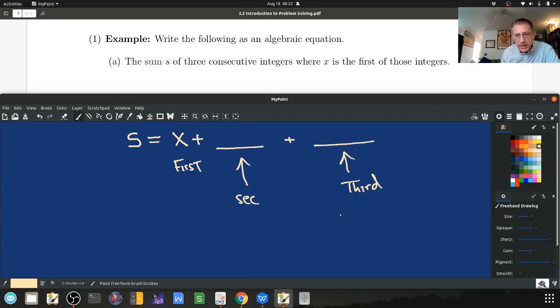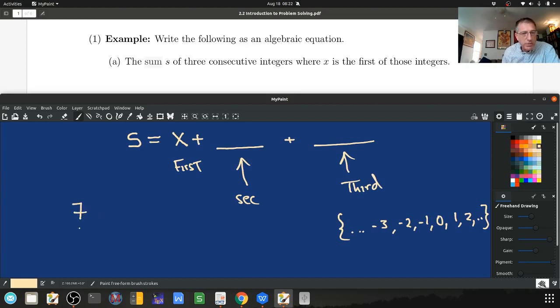So this problem requires that you understand what an integer is. Remember, an integer is a number in the form of, they're basically plus or minus whole numbers and 0. So what does consecutive mean? Well, they're one after the other. Let's pretend 7 is our first integer.